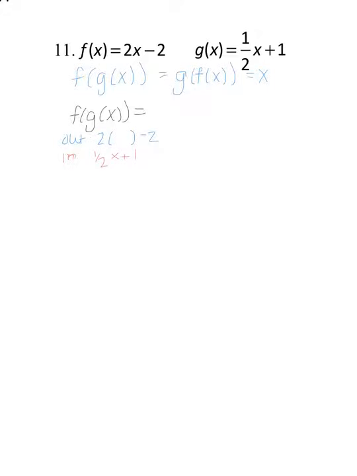And so f of g of x equals 2 times something minus 2, and that something is 1/2 x plus 1. I didn't leave myself enough room in this parenthesis set, guys. And so distribute that 2.